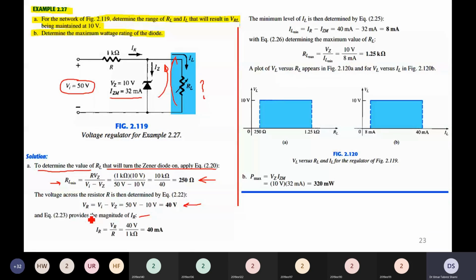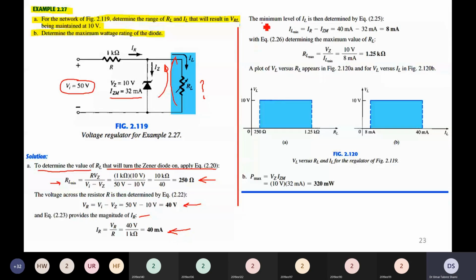And equation 2.23 provides the current flowing through resistance R, that is IR equal to VR divided by R, that is 40 volts divided by 1 kilo ohm, equal to 40 milliamperes. So we have an input current of 40 milliamperes.